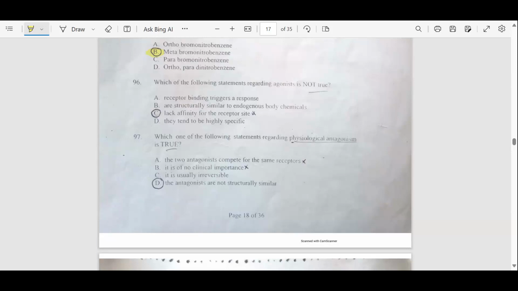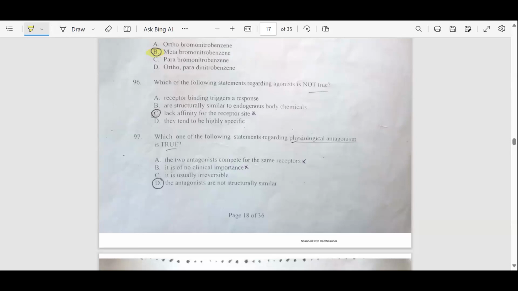Choice D, they tend to be highly specific. So I think this was covered this week or last week. Gas, I think you covered this. The agonists.